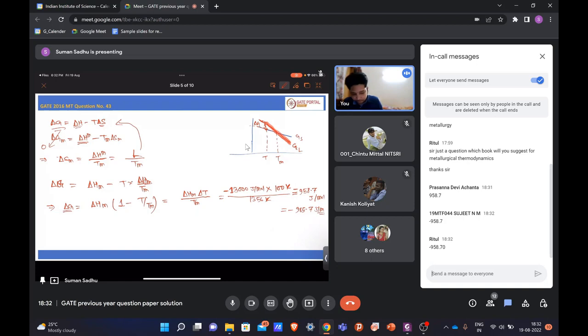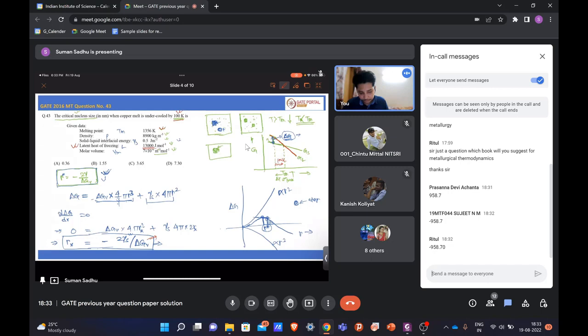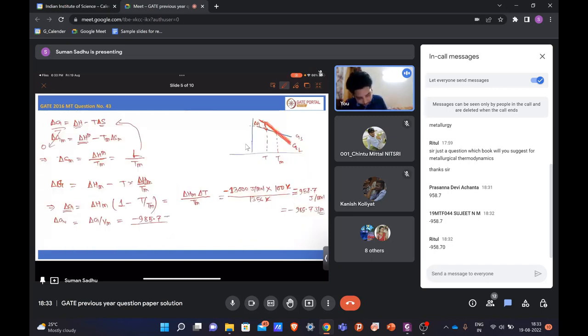So in order to get delta GV, we have to divide the delta G by the molar volume. So how much will be 985.7 divided by the molar volume, which is given as 7 into 10 to the power minus 6 meter cube per mole? So this is joule per mole and it is meter cube per mole. So how much will it be?